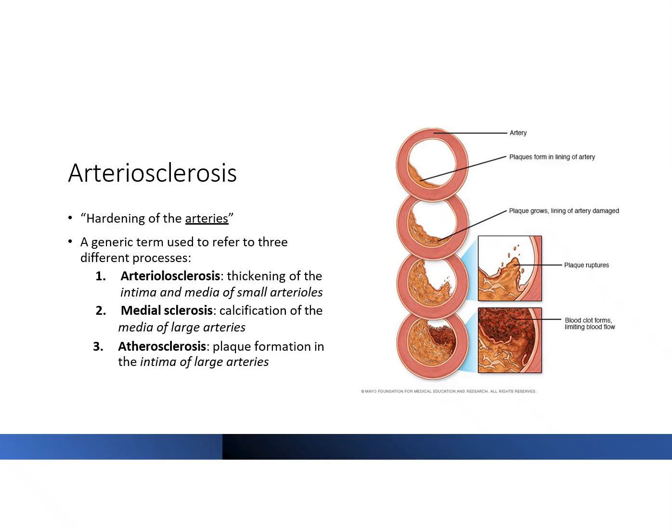This slide introduces a term you'll hear a lot in both pathology and clinical medicine, arteriosclerosis. At its core, arteriosclerosis means hardening of the arteries. But that phrase is a bit misleading because arteriosclerosis is not one single disease. It's a broad umbrella term that includes 3 distinct pathological processes, each affecting different vessels and different layers of the vessel wall.